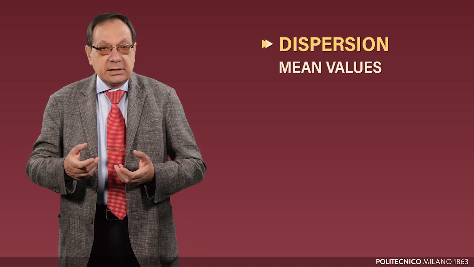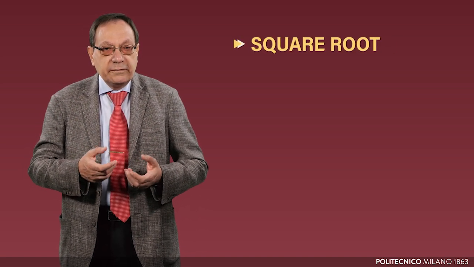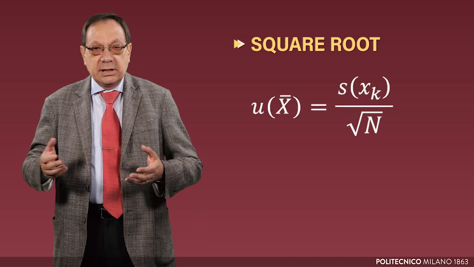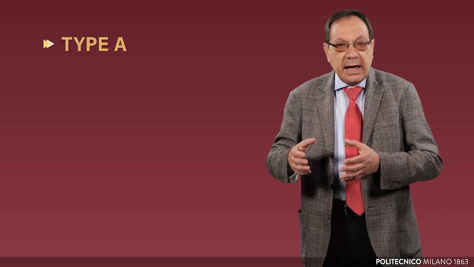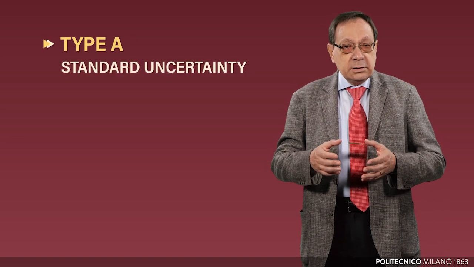Mathematics helps us here. It shows that the standard deviation of the mean values is obtained by dividing the sample standard deviation by the square root of the number of observations, as you can see here. These, as we have seen, are the steps needed to arrive at a Type A evaluation of standard uncertainty.